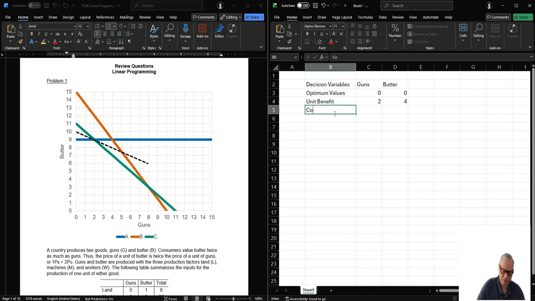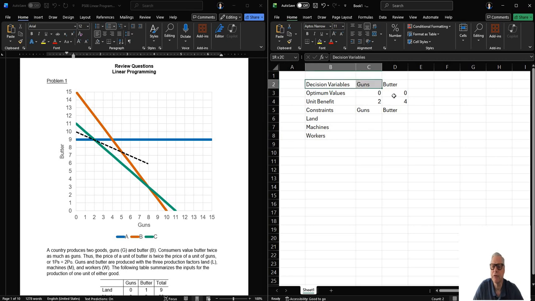Okay, so then we have the constraints. And we have guns and butter. And we have the 3 constraints: land, machines, and workers. Okay, now let's format it a little bit nicely.